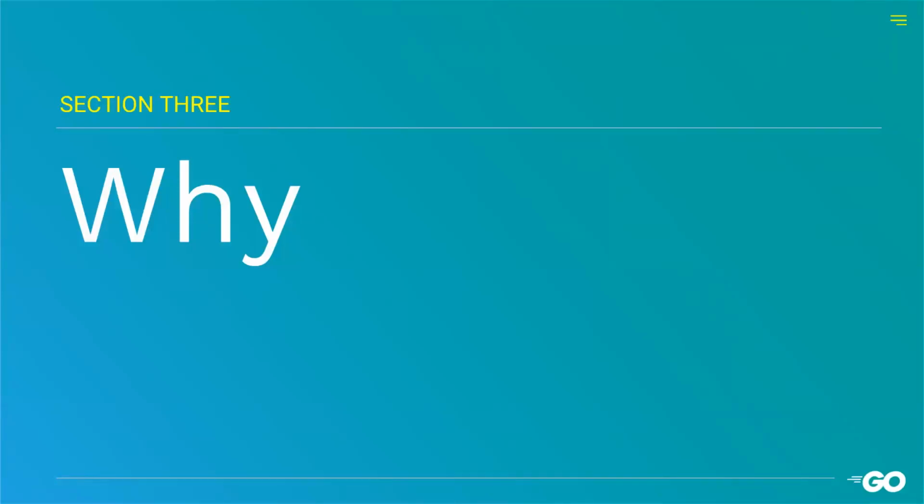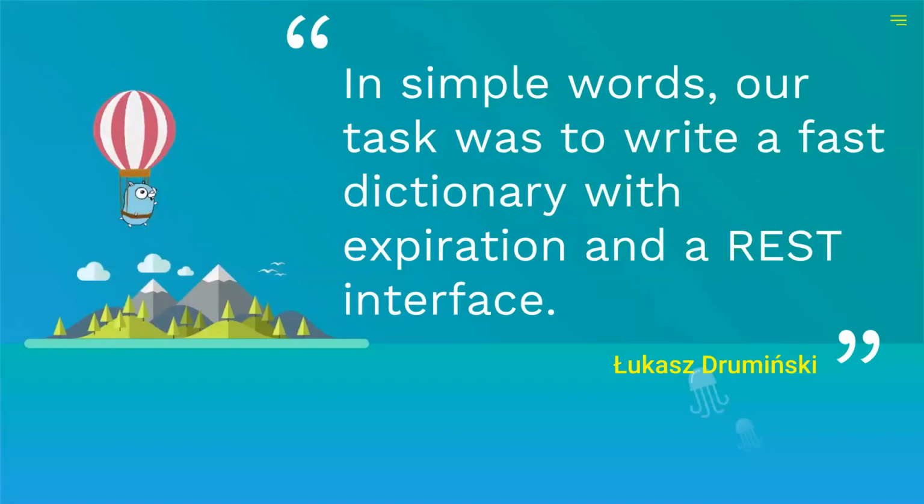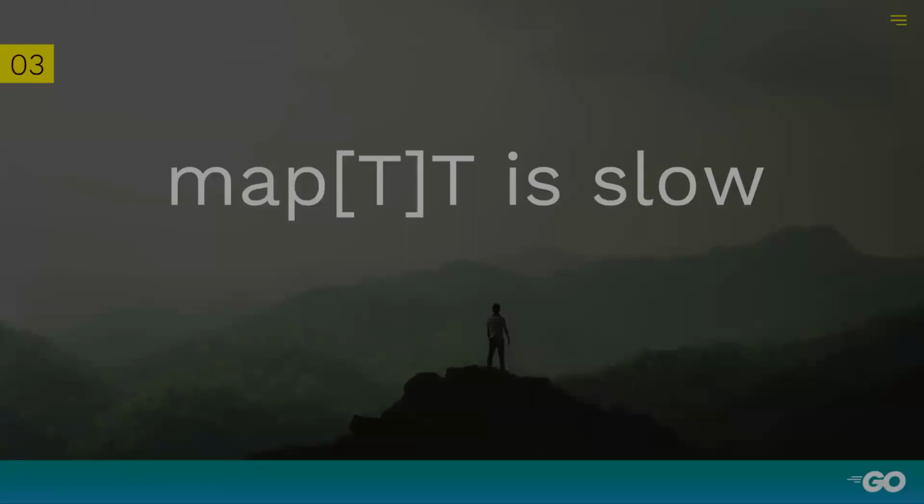So why would we want to make sure that this exists? When the original creators wanted to solve a performance problem that they had, what they really wanted was just a way to have a key value store with some type of REST interface, in a way that was easy to understand and easy to work with.